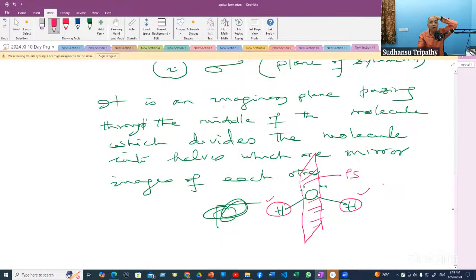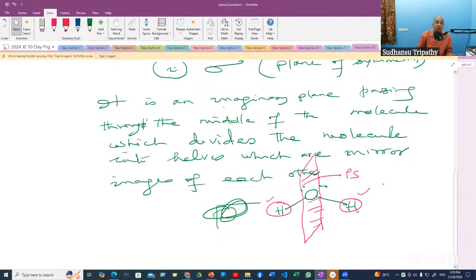So every molecule can be thought of as symmetrical or not. The more symmetrical the molecule is, the more symmetry elements you will find. And there are 4 symmetry elements. 3 we have already discussed.